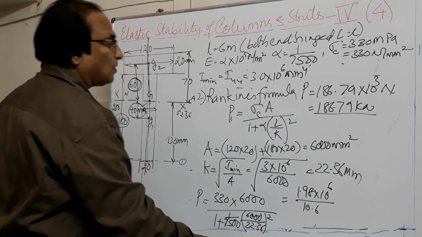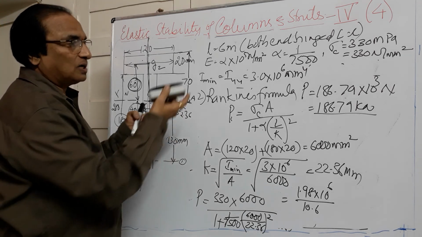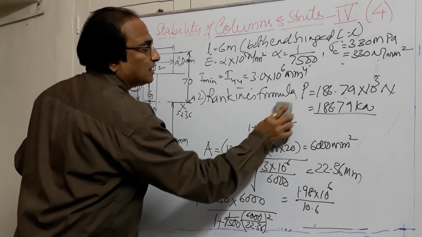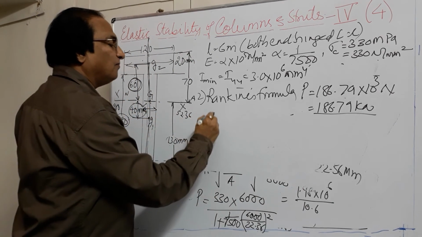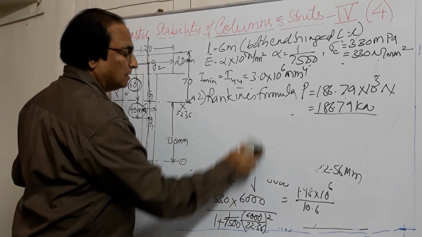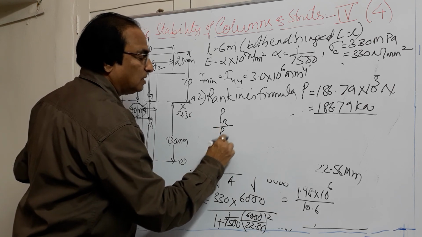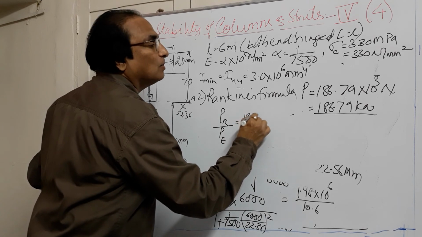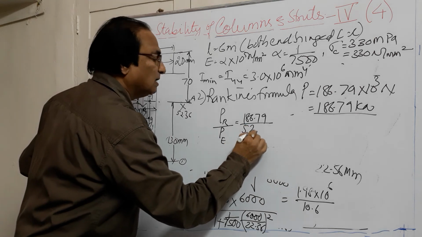Now in the problem, you have been asked to find out the ratio. Otherwise you can find out P for Euler, P for Rankine and stop here. Let us go with the condition given in the problem. Find out the ratio of Rankine's to Euler's. If I write PR as Rankine and PE as Euler, according to Rankine we have got 186.79 and according to Euler's it is 52.36.